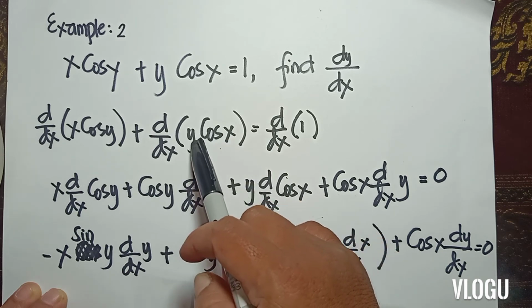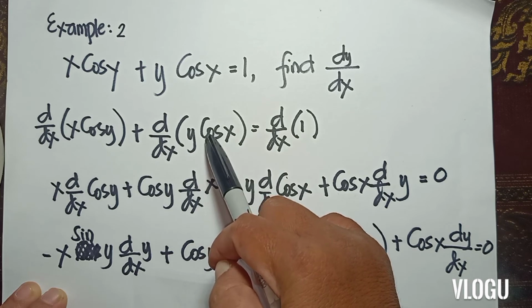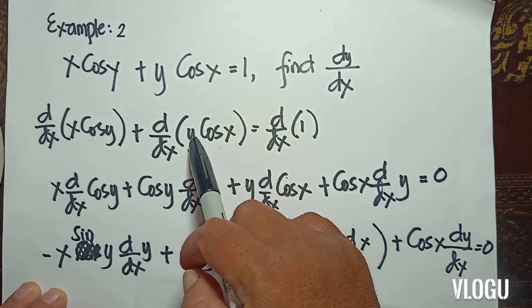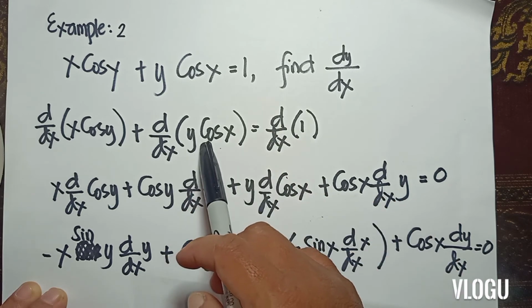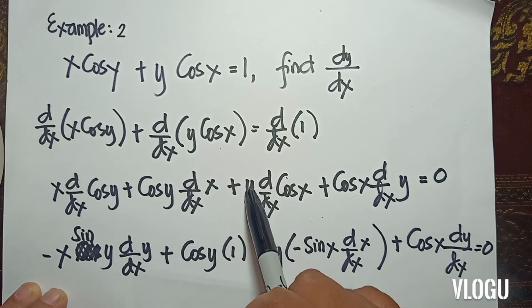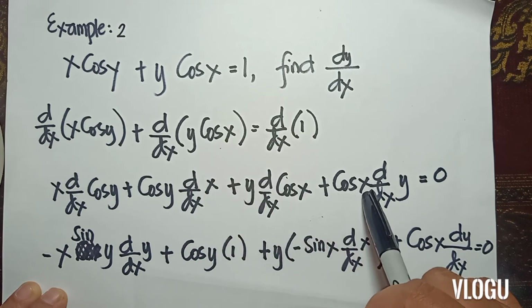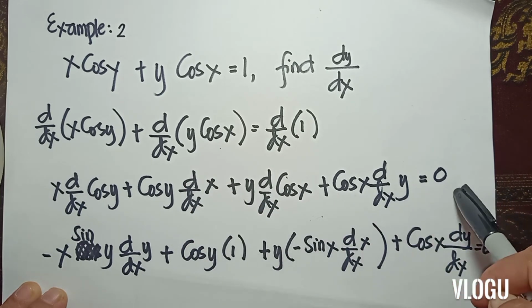We can find the derivative of y and the derivative of cosine x, so we are going to use the product rule again: y times the derivative of cosine x, plus cosine x times the derivative of y. That is equal to 0.